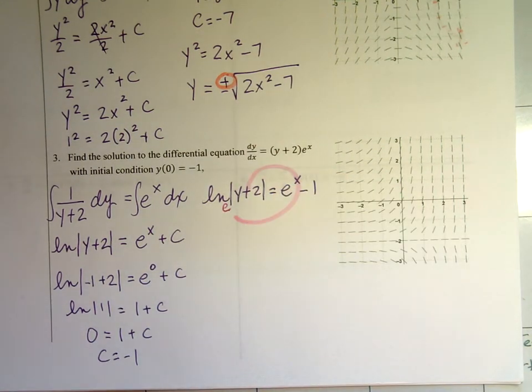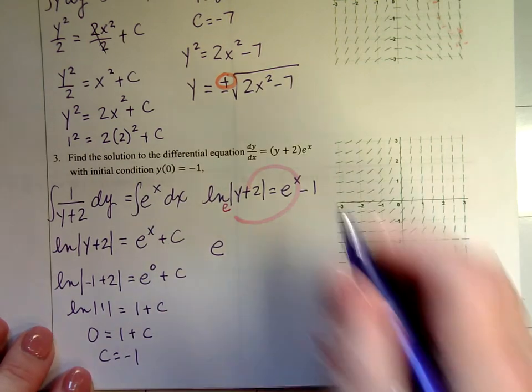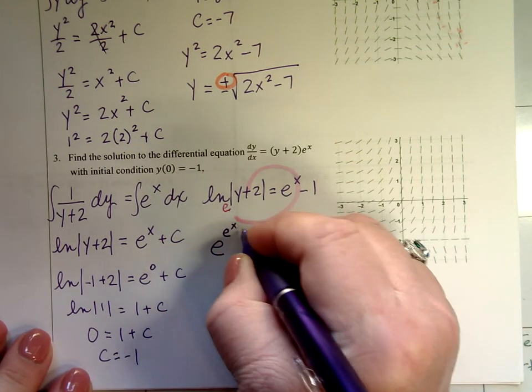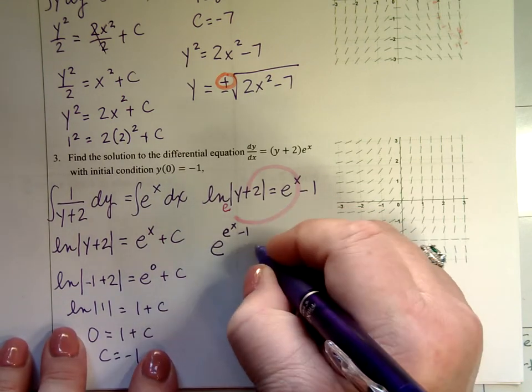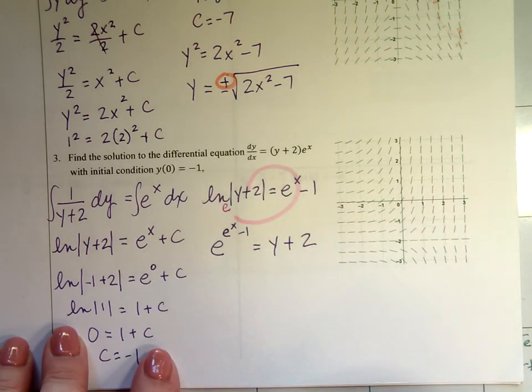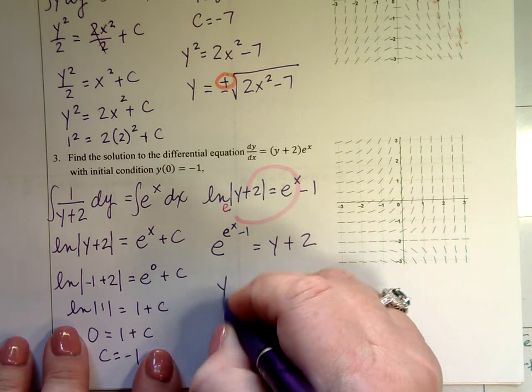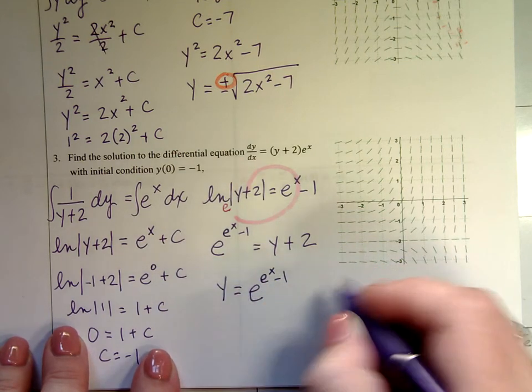Here's what it's going to look like: e to the, this is really weird, but it's true, e to the x minus 1 equals y plus 2. And so if I want to get y by itself now, all I need to do is subtract 2. So here's my final answer. y equals e to the x minus 1 minus 2.